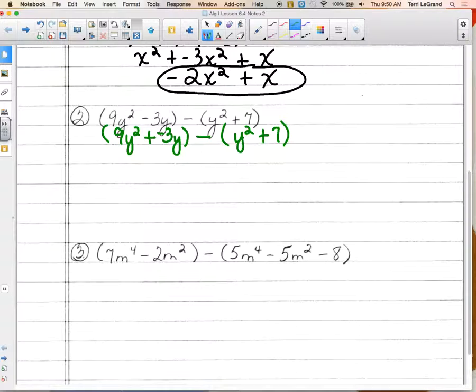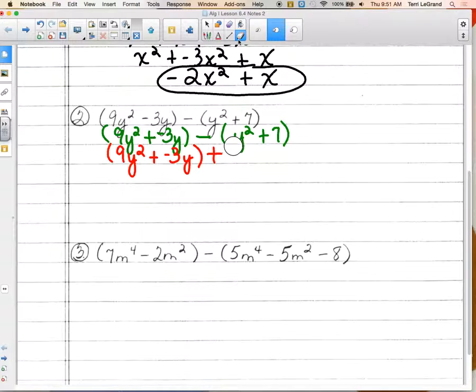Now, in the next step, we will take care of the subtraction between the polynomials. So again, we're still not ditching our parentheses yet. We have 9y squared plus negative 3y. That's staying as it is. We'll change our subtraction to addition.